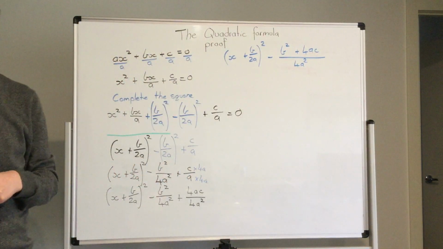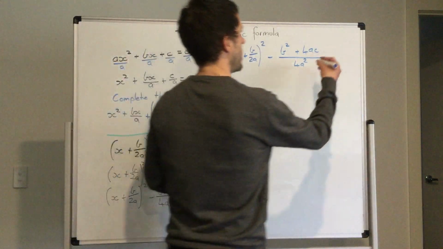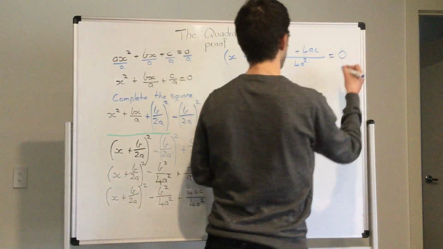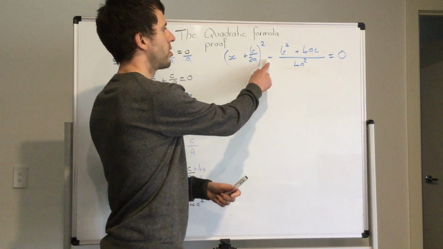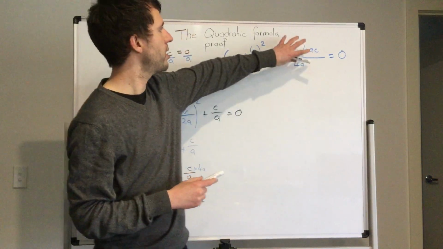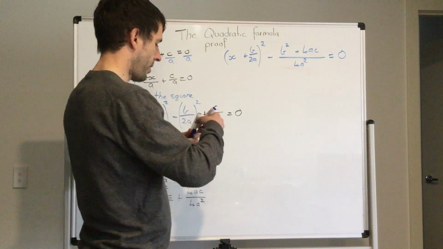Starting to look like the quadratic rule now. And that equals 0. First thing I'm going to do now is get this takeaway going. So I'm going to take this to the other side. So let's have a go at rewriting it.